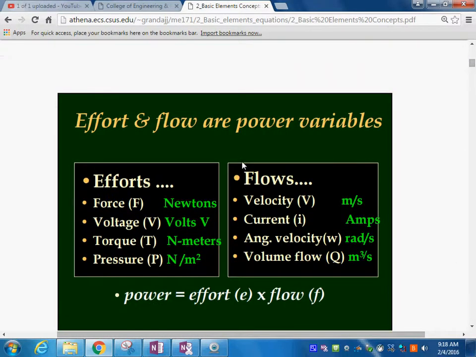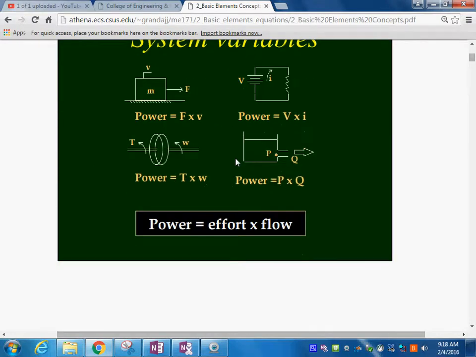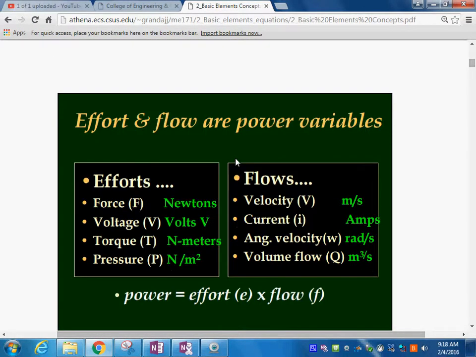In the variables that we just stated, those force and velocity, voltage and current, and so on, you can always define power between the elements that transmit between systems and components with these two kinds of variables.